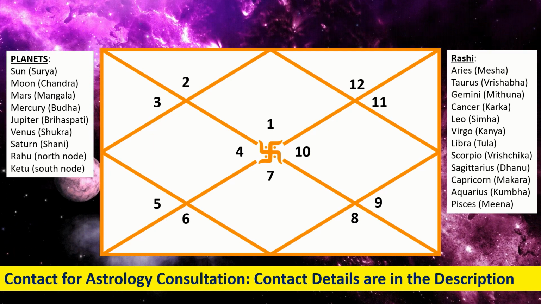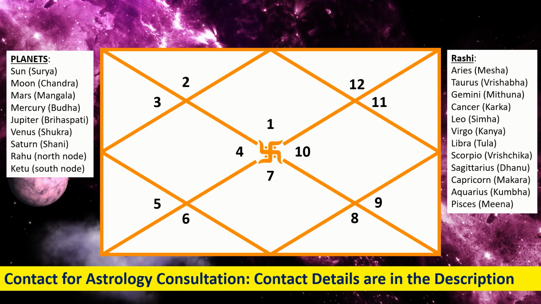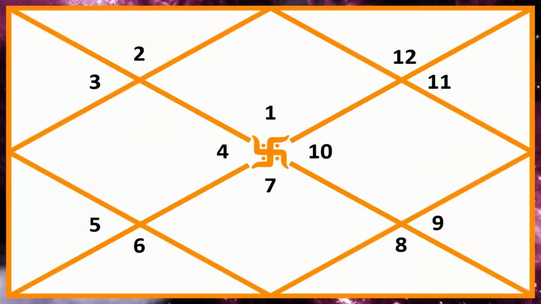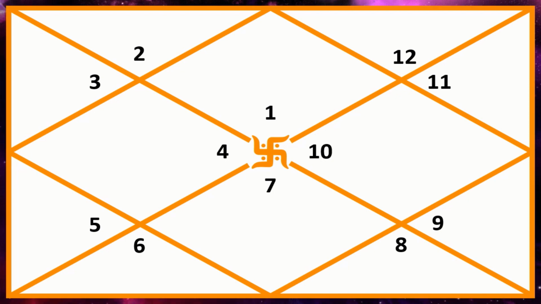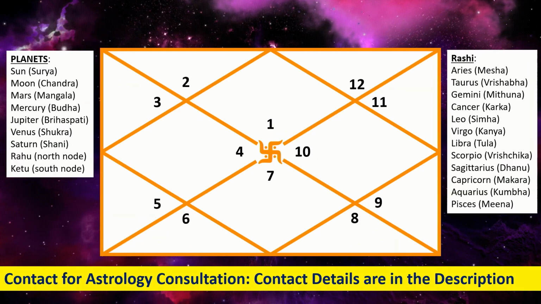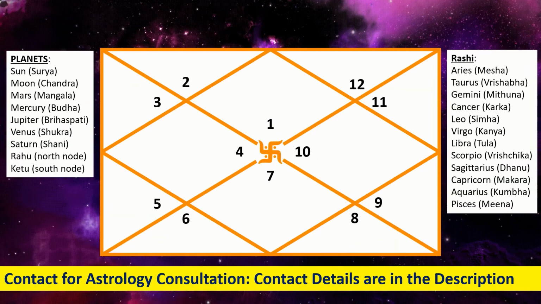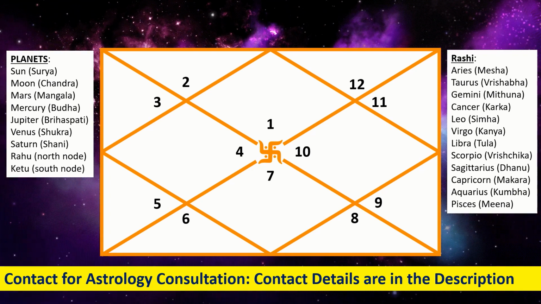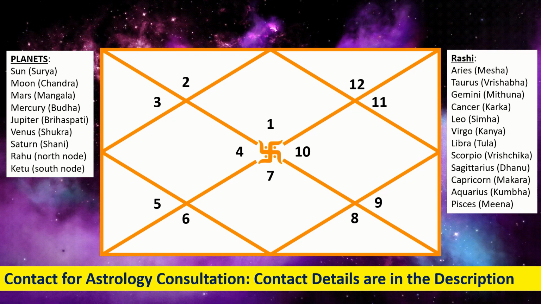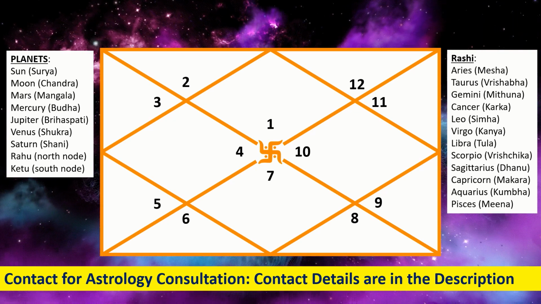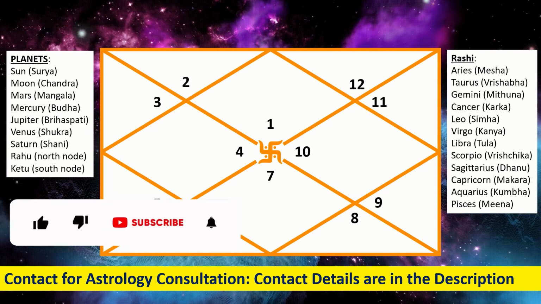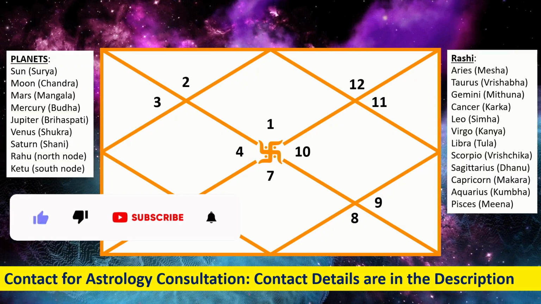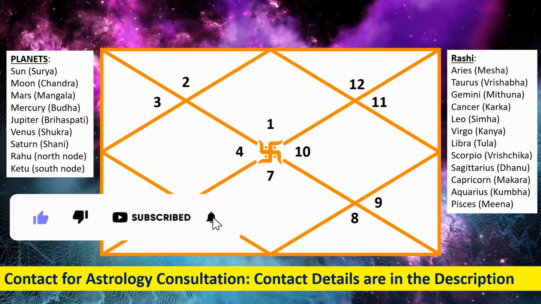The role of planets in birth charts. Planets in birth charts symbolize cosmic energies that mold our personalities and experiences. We'll explore the attributes and significations of key planets, such as the Sun, Moon, Mercury, Venus, Mars, Jupiter, and Saturn, unraveling their influences on various facets of life.